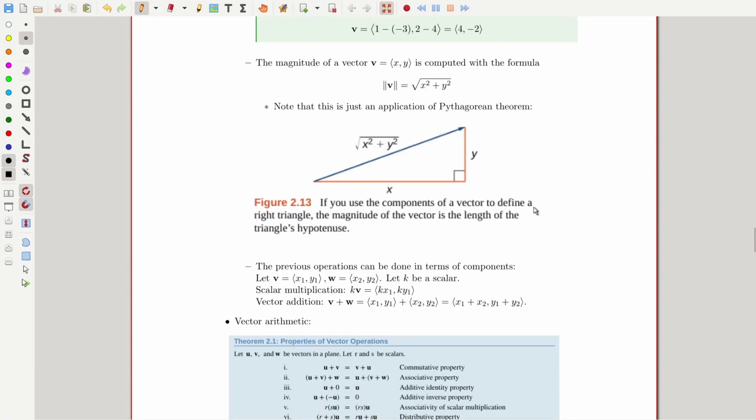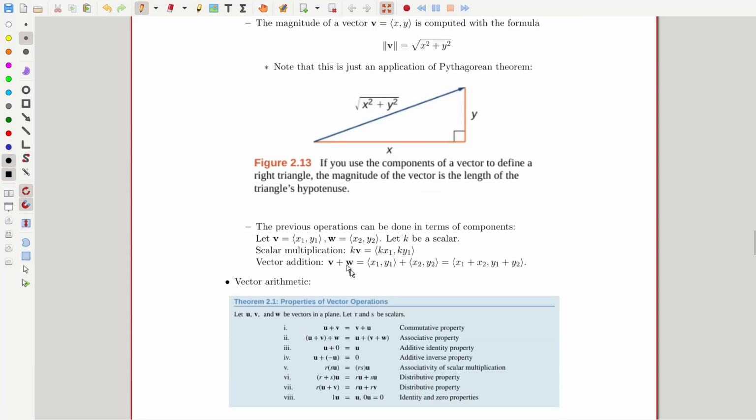Okay. Right, and now the other operations. So scalar multiplication. If your vector v is x1, y1, and vector w is x2, y2, for scalar multiplication you just multiply the components of the vector, so the scalar gets multiplied into the components. And vector addition is just done component-wise.